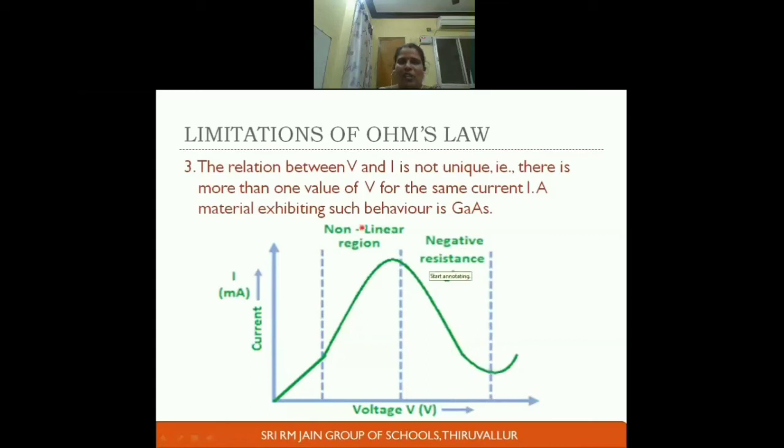So there is more than one value of V for the same current I. This graph is for a material like gallium arsenide.